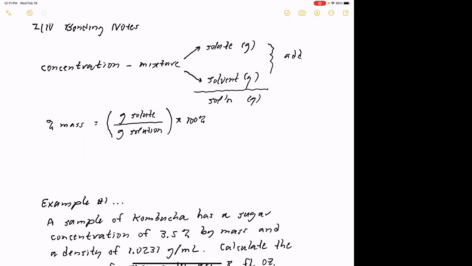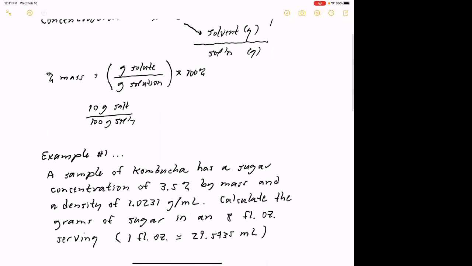If I had a situation where I had a mass ratio of, let's say, 10 grams of salt per 100 grams of solution, okay, that would be the same thing as saying I've got a 0.1% by mass, okay? So I could express this also as a mass ratio if I want to, and we'll use that as a conversion factor as well. All right, so let's take a look at an example that uses this.